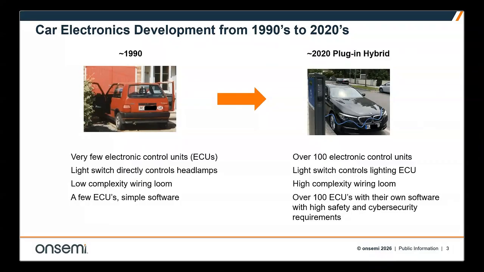On top of all that, we are now meeting stringent functional safety and cybersecurity requirements that simply didn't exist back then. Every added feature brought another control unit, more wiring, and more software to validate and secure the overall system. This relentless growth in complexity is exactly what is pushing the industry toward the software-defined vehicle, and sets up every challenge we are discussing next.